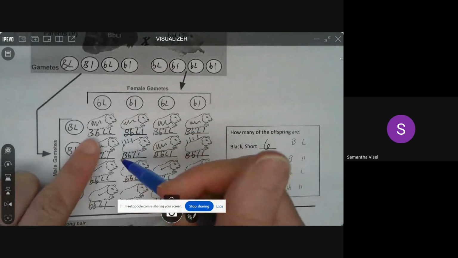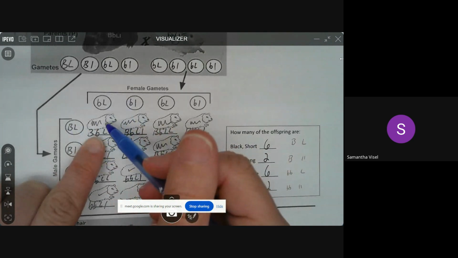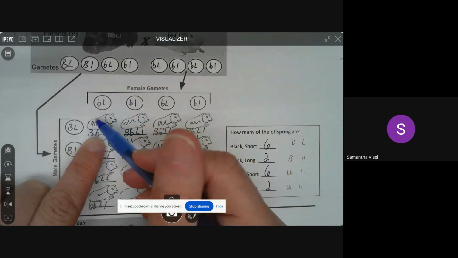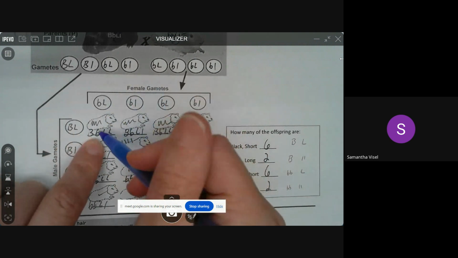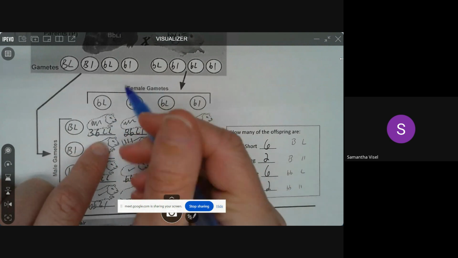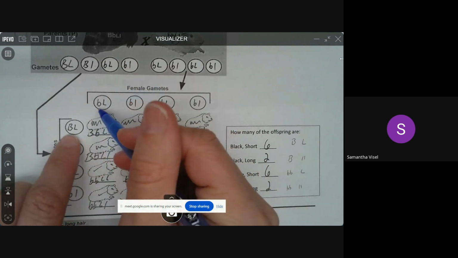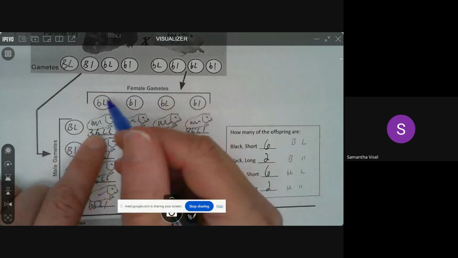Now, to determine their genotypes, just like a Punnett square where I match the row and the column, I'm going to match the row and the column of the two allele combinations. And if there's a dominant letter, that gets written first. Whatever the first allele is, we're going to group those two alleles together, and then we'll rewrite the second one.